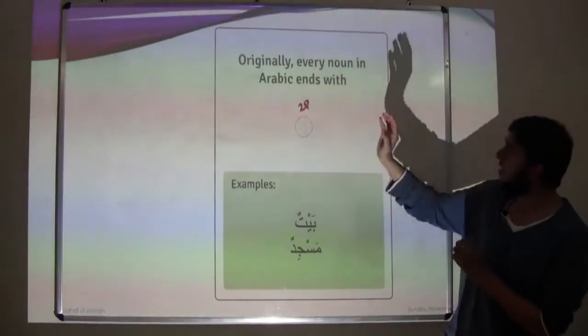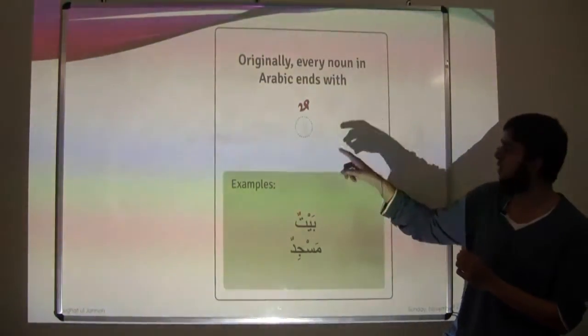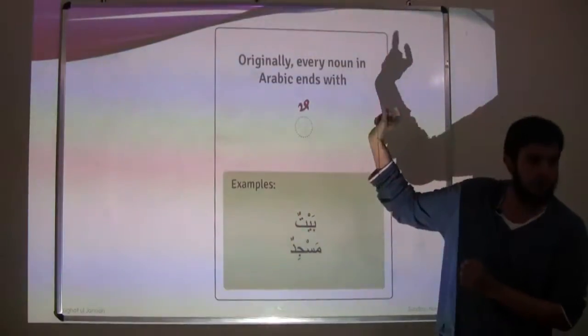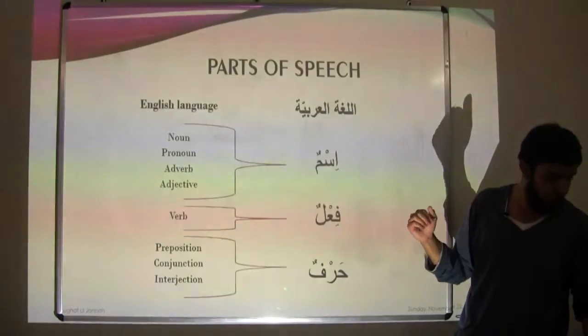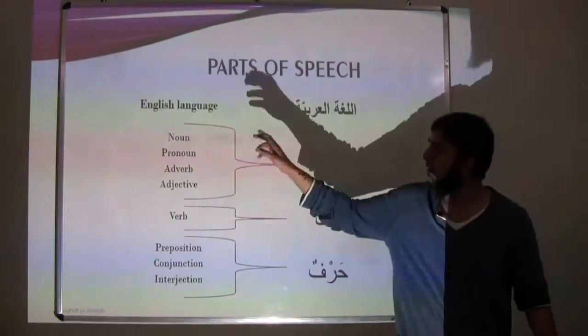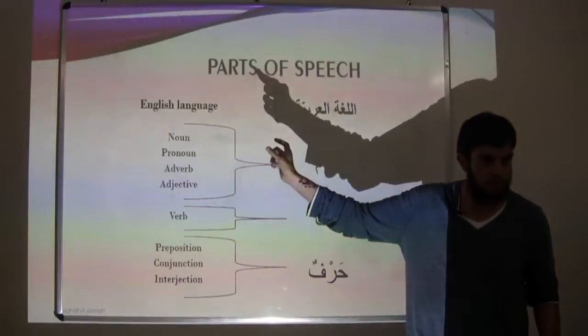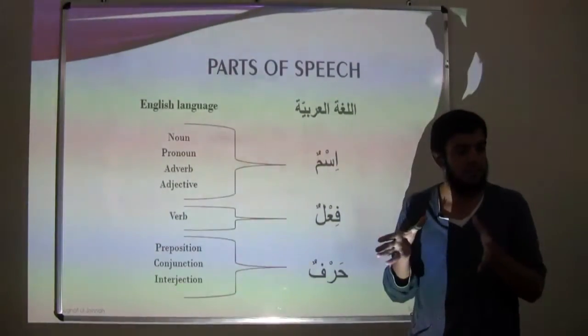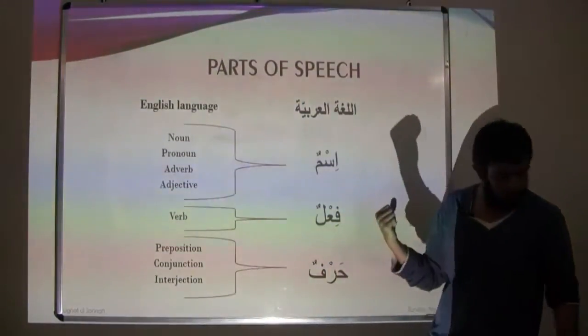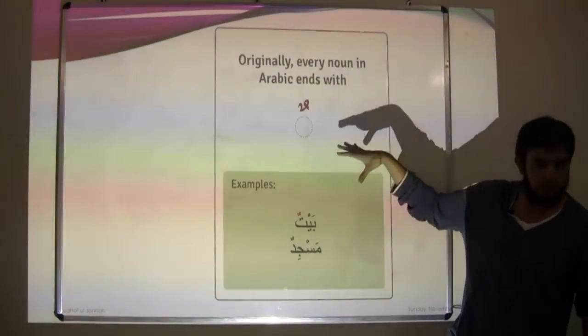So now when I say that every noun in Arabic ends with double dhamma, the word noun here refers to the English noun and not the ism, because it refers to anything, any particular thing or object. So that particular thing comes under this rule.